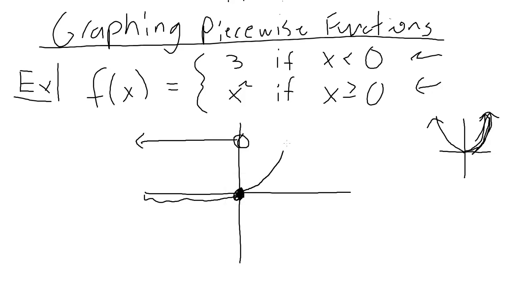So that would be the rest of the graph. So this is what the graph of f of x looks like. It's just two pieces where each of the individual pieces is like if you had the whole function, like f of x equals 3 for all x's, but you just cut off the part where it's not defined that way for us.